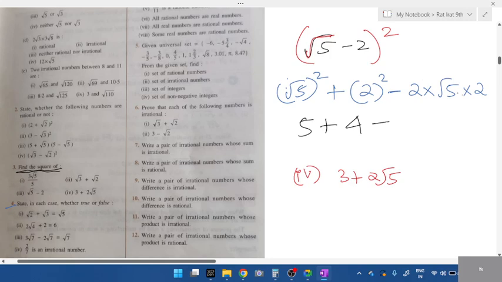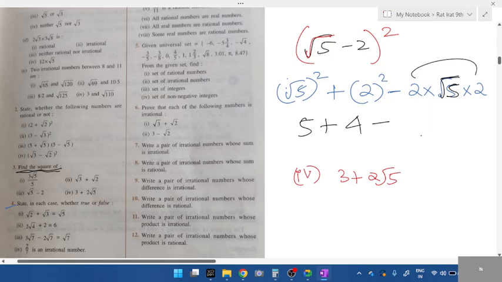Why 2 root 10? Is this also given in root? Is it given in root? Then tell me which is not given in root. Which two are not in root? Multiply that.